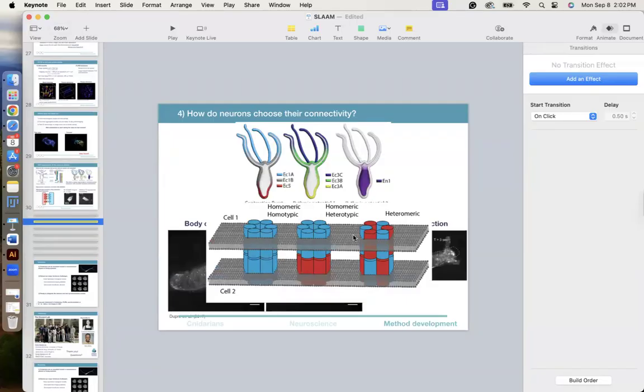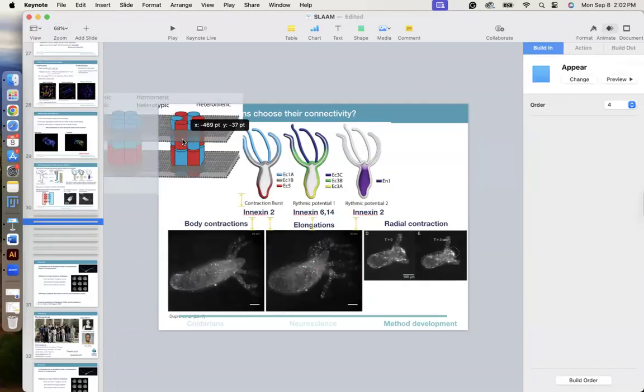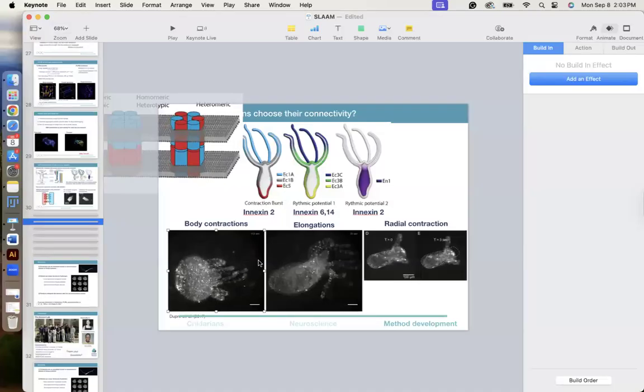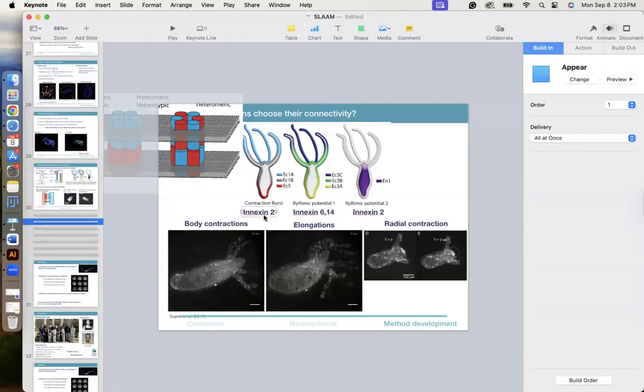I mean, typically what you find is that we have these different gap junctions. In invertebrates you don't have the standard gap junction that we have, which is called connexin; in invertebrates they call it innexin. And looking at Hydra, if you look across these different neurons, all the different kinds of neurons that participate in body contractions all express one kind of gap junction.